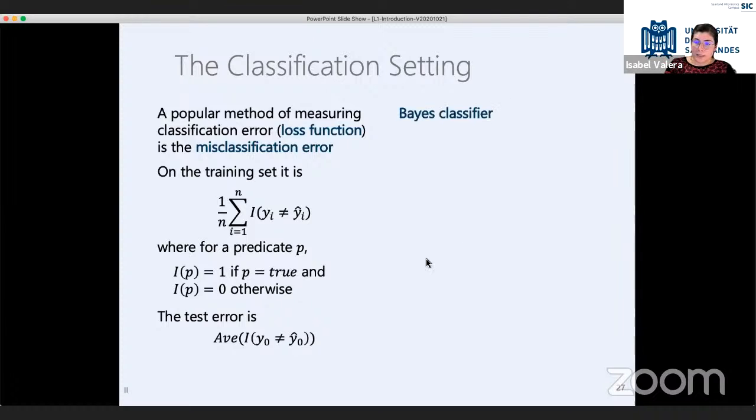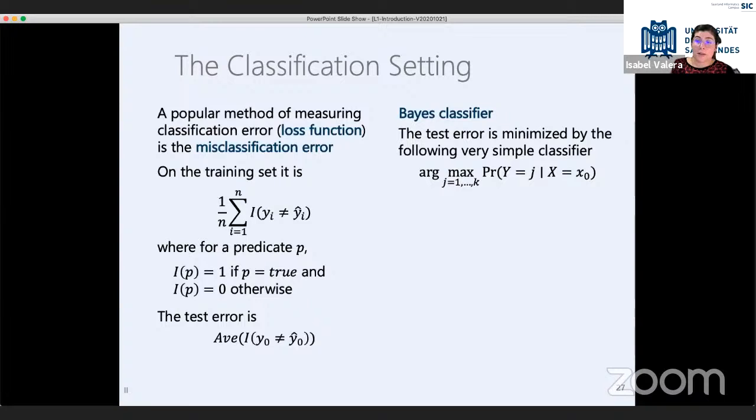So in this context, what is actually interesting is that there is something called the Bayes classifier, which is actually the one that minimizes the test error. And it is a very simple classifier, because it simply picks, given the set of features that I have observed, the class with the higher probability.